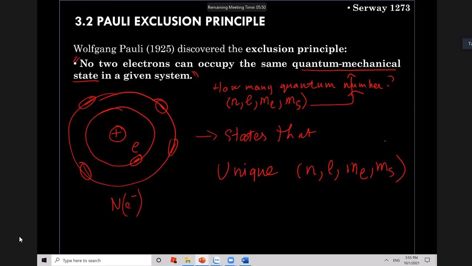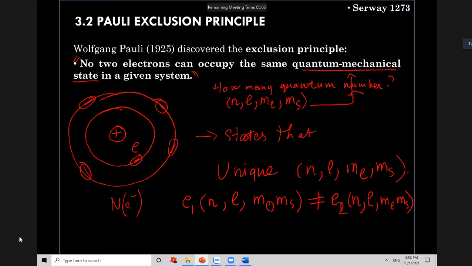For example, you can see two arbitrary electrons in this system. For E1, n, l, ml, and ms must be different from the state of E2, n, l, ml, and ms. At least one quantum number differs between the two combinations.